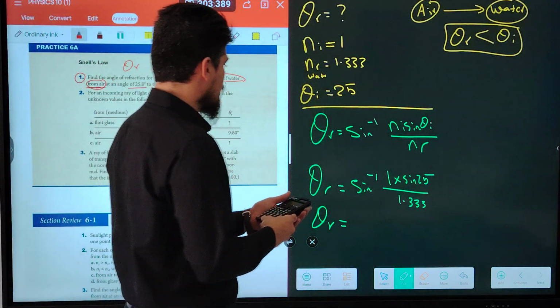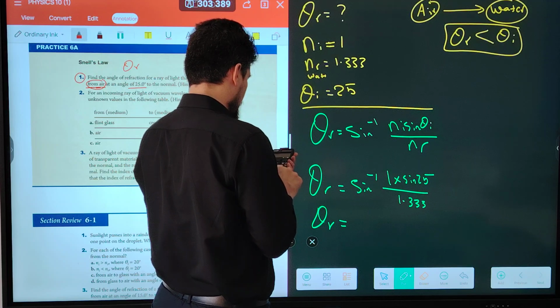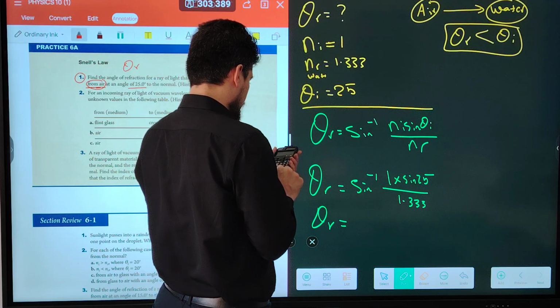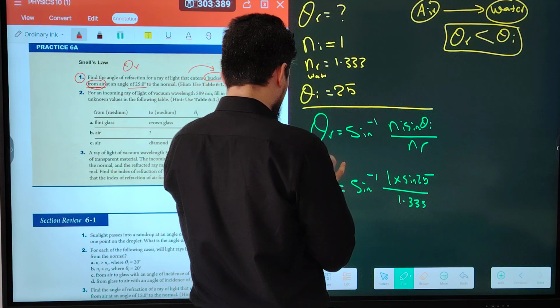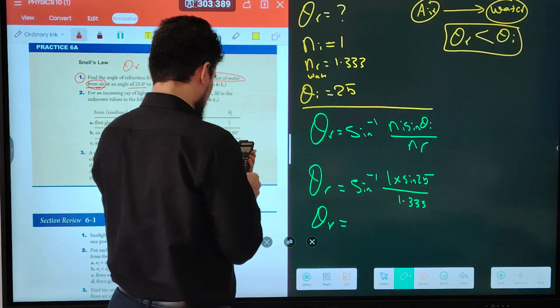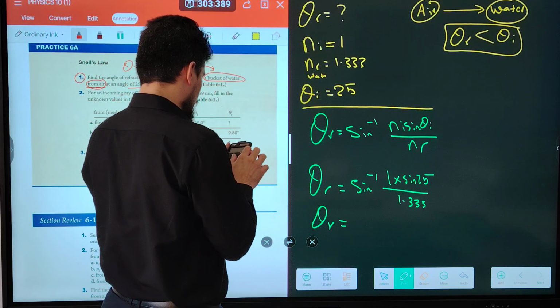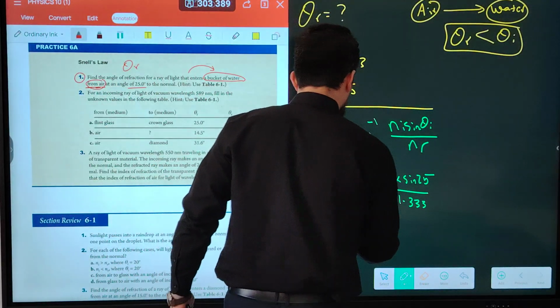Use your calculator to determine the value. Sine 25 is equal to something, divide by 1.333, and sine inverse for the answer. Okay, the answer is 18.48, or 18.5.